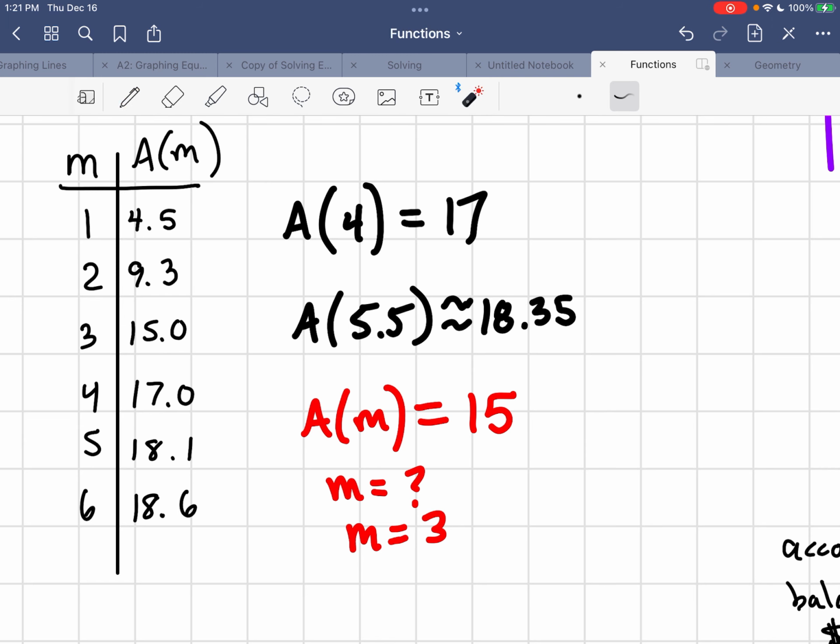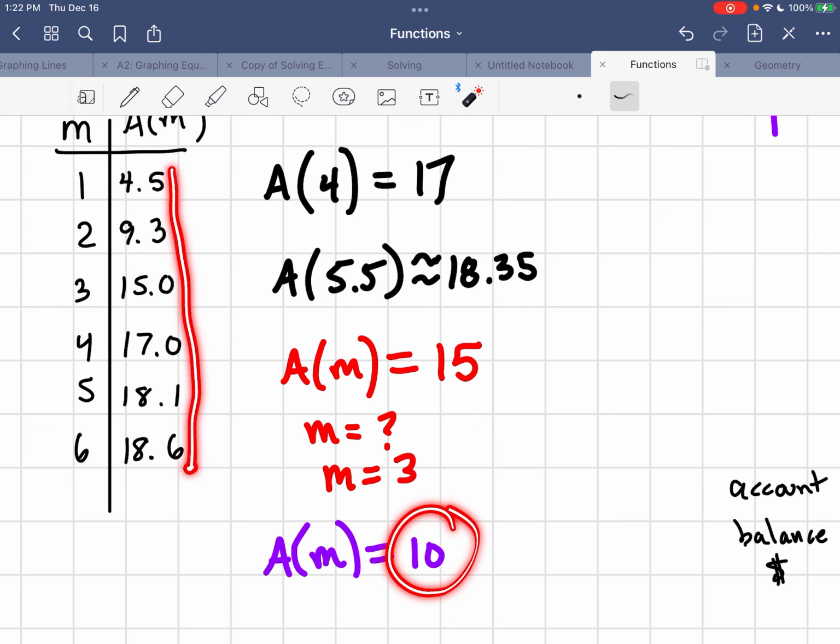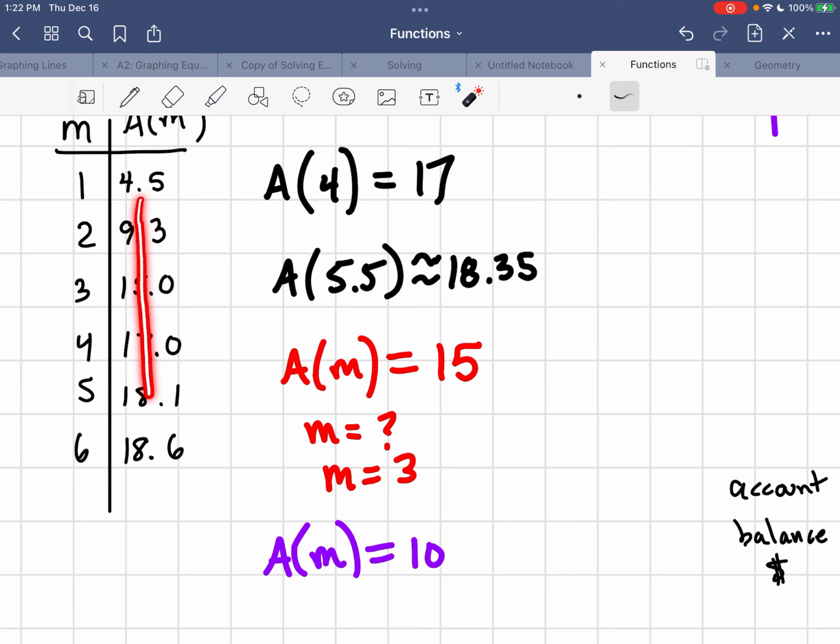Now, similarly, what if I said A of m equals 10? Now, clearly, we don't have a lot of information here. We certainly don't have 10 here. It appears that the function is constantly increasing, right? 4, 9, 15, 17, 18.1, 18.6. So it does look like it's constantly going up.